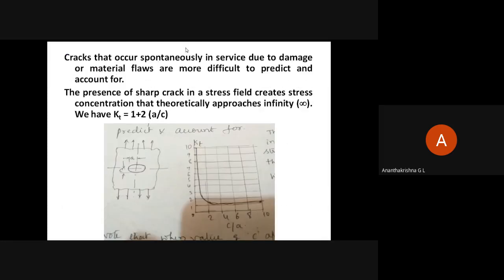Now, there can be situations wherein such micro cracks can be avoided during manufacturing, but cracks can develop spontaneously in service. That can also happen due to damage or material flaws, and they are more difficult to predict and account for. So, what will happen if you don't handle the components properly during service?